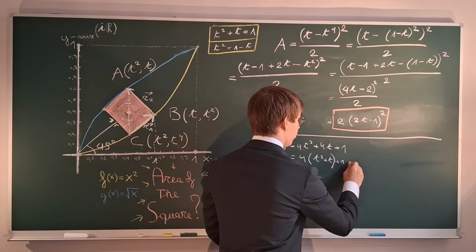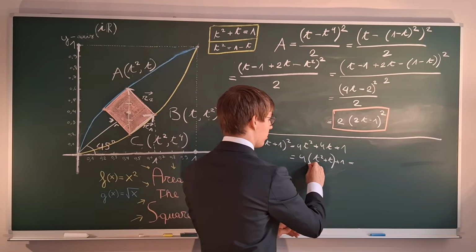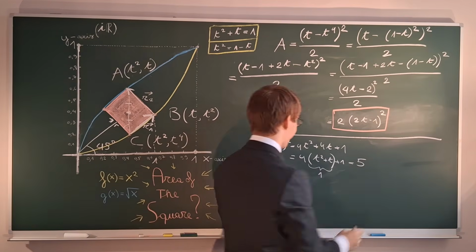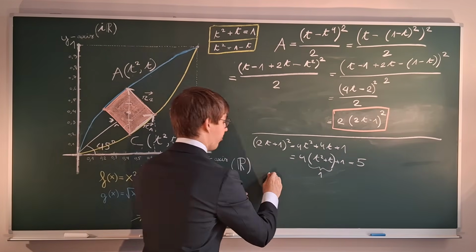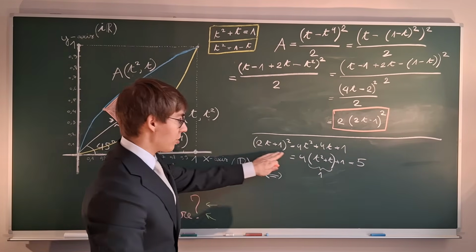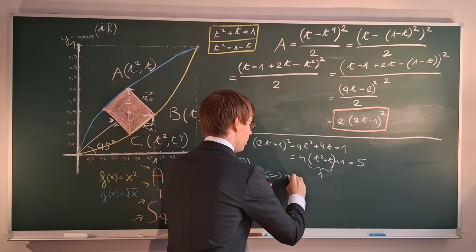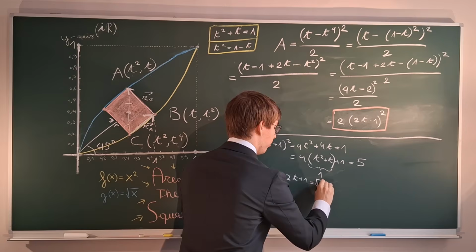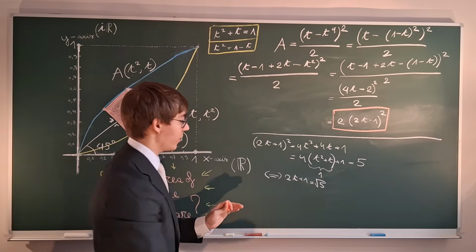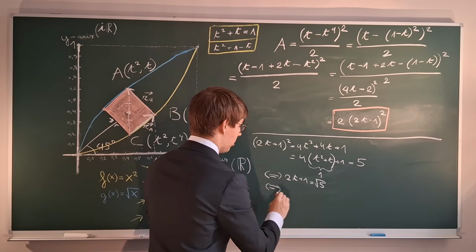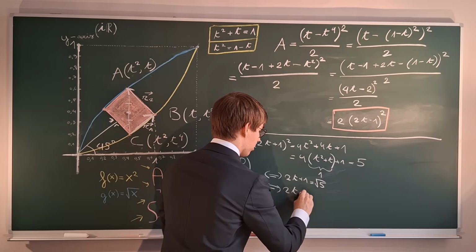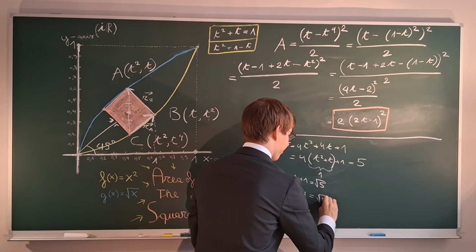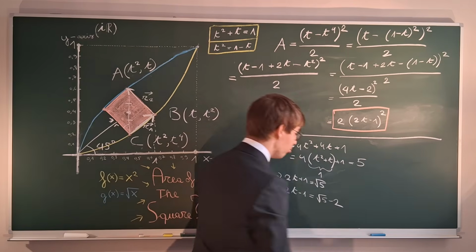So this is equal to 4 times 1 plus 1, which is 5. So it follows, by taking the square root, that 2t plus 1 is equal to the square root of 5, so that 2t minus 1 is equal to the square root of 5 minus 2.